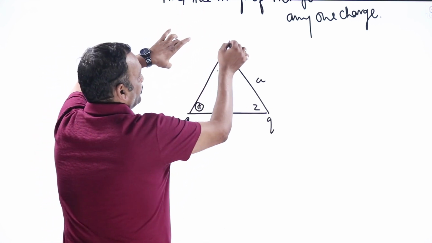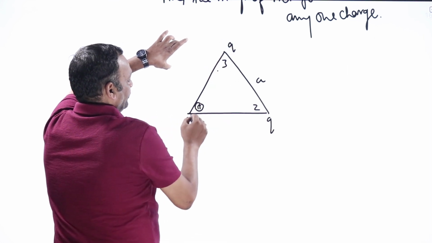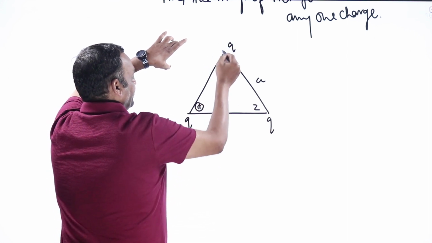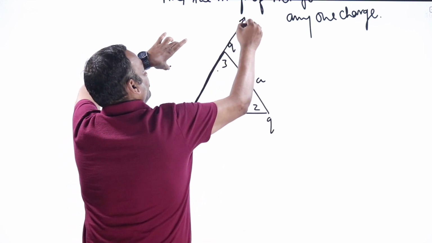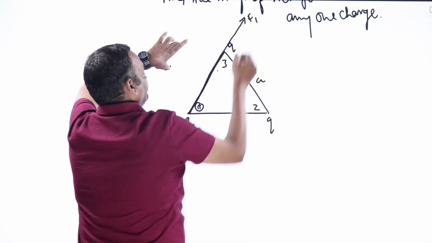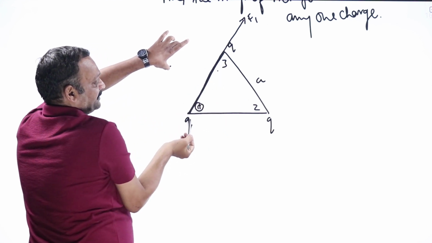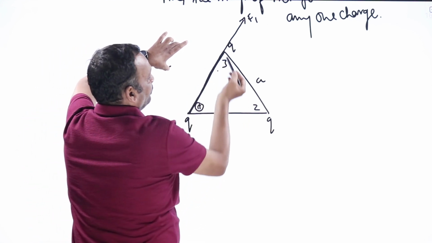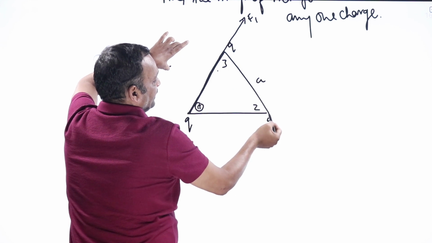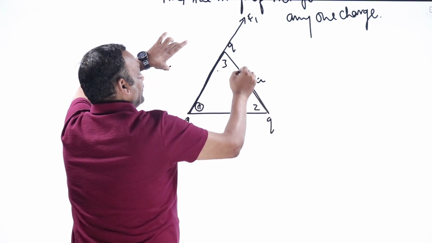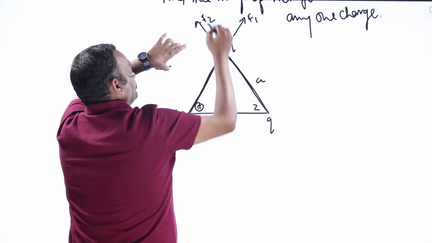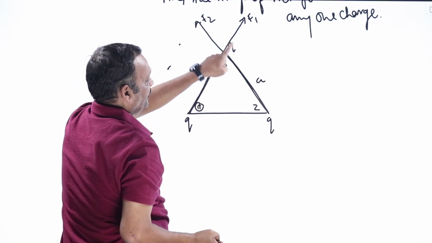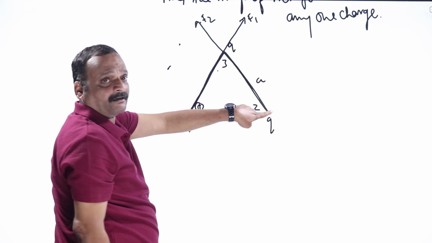Consider corner 1. The force on this charge due to this charge will be like this. I'll call it F1, the force on charge Q due to the charge on corner 1. Similarly, the force on charge Q due to the charge on corner 2 will have a direction like this. I'll call that force F2.